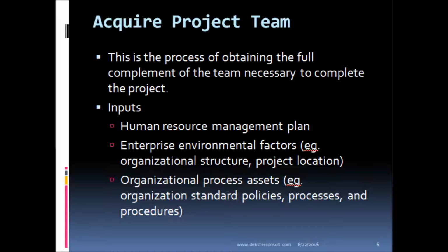These have been mentioned earlier. Our organizational process assets are also useful when we are acquiring the project team. And again, acquire project team, we are looking at obtaining the full complement of the team that is necessary to do the work of the project.